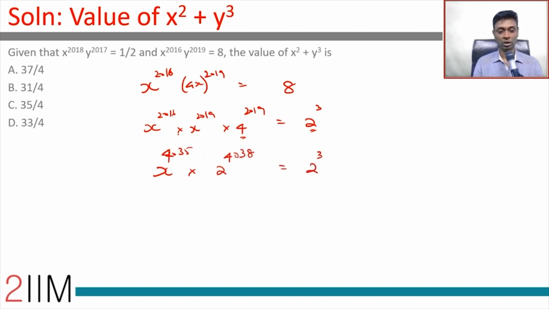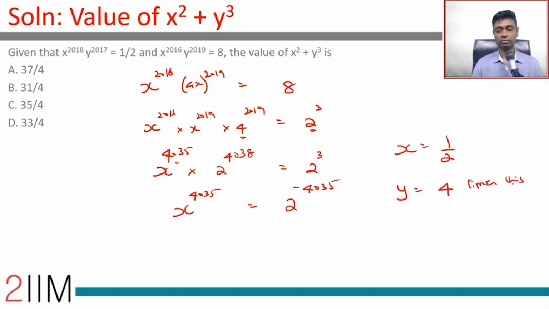Lovely. But this has an x bar 4035. If I take this side, we'll get x bar 4035 equals 2 bar minus 4035, or x equals 1 by 2. Y is 4 times this, or y is 2.